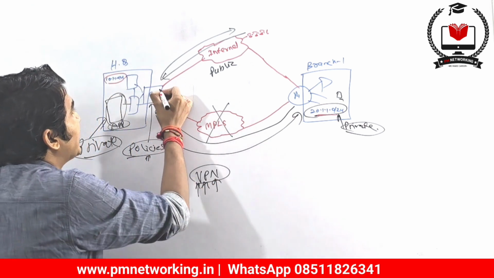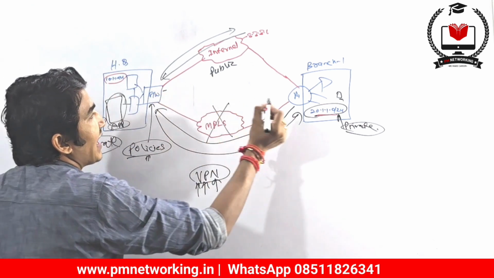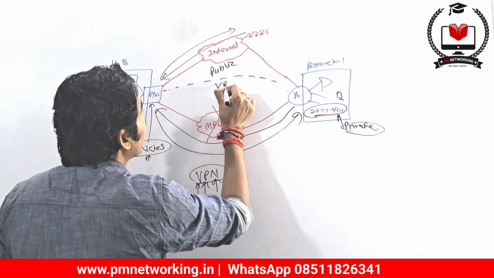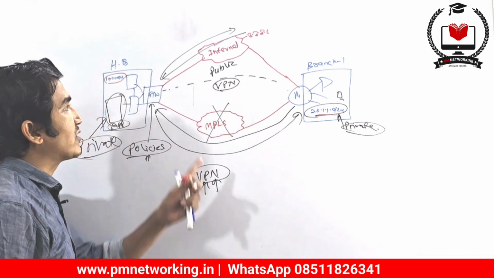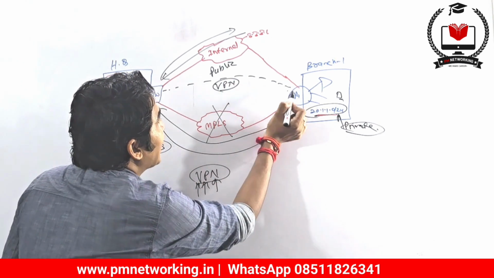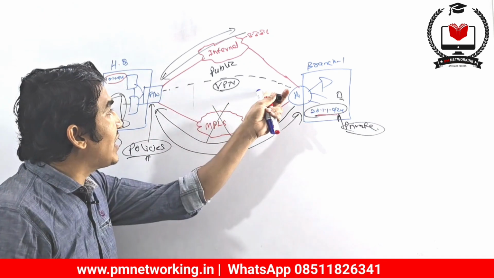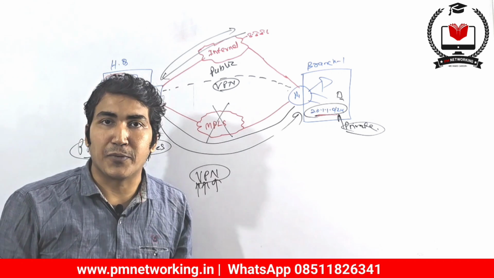So what we can do is, between the headquarter firewall and this router, I can configure one VPN. And guys, on the VPN, I will run a subnet, and on that subnet, we will configure the routing protocol.